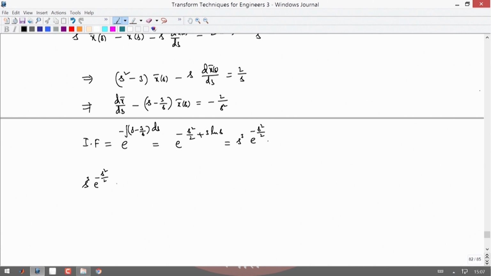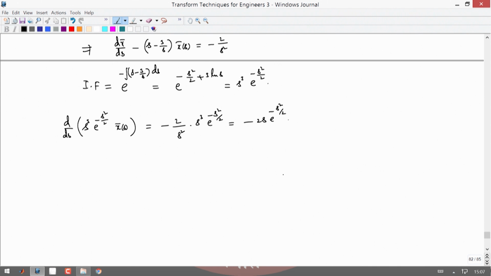2 times x bar of s, whose derivative is nothing but after multiplying this left hand side. That is your left hand side, and you already multiplied this side with s square times s cube e power minus s square by 2, which is minus 2s e power minus s square by 2.